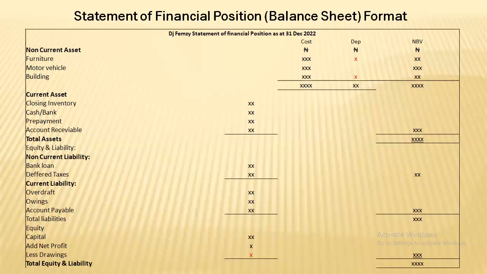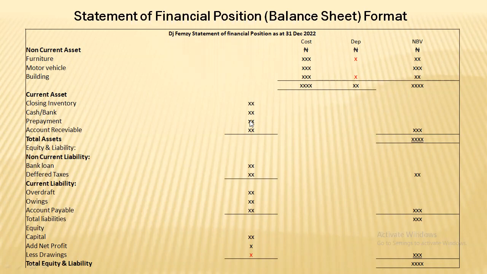Then the next thing is to determine the current assets. Now, how do we determine the current assets? Current assets are assets that are used up within a particular period.